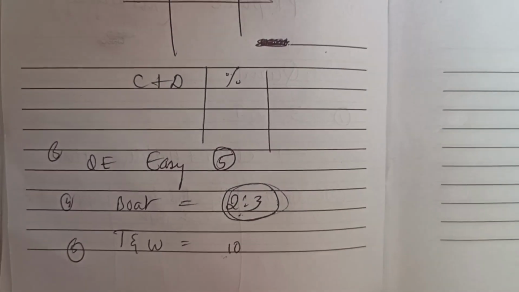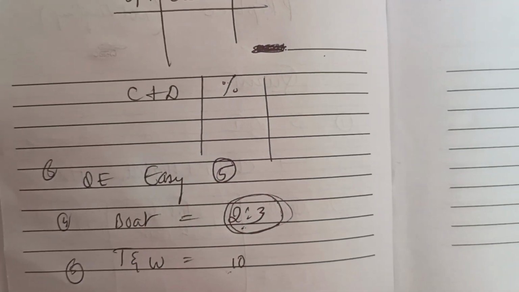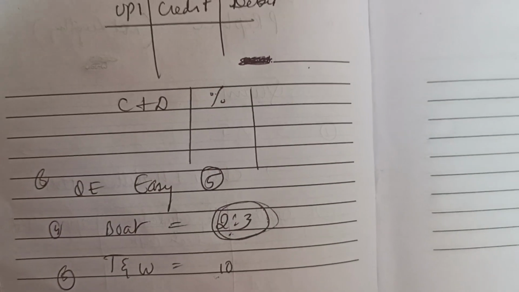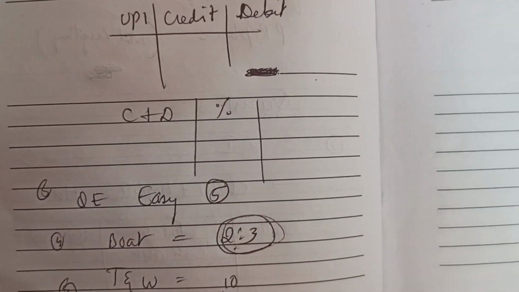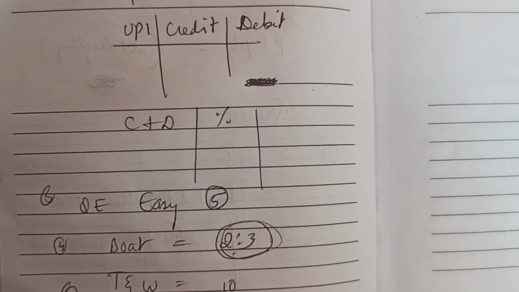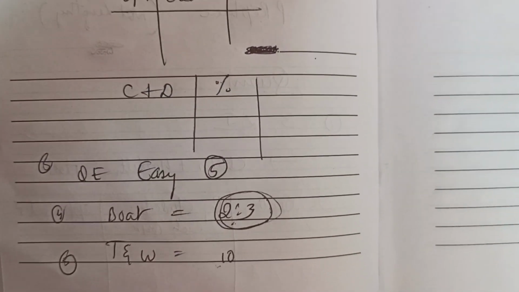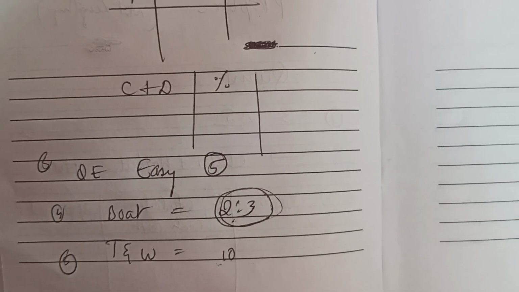It was a bit lengthy, because they had given 4 persons, and the efficiency of S is I think twice that of R. So there I got the answer as 10. I don't know whether it is right or wrong.